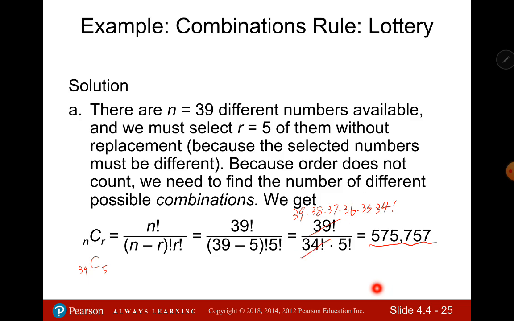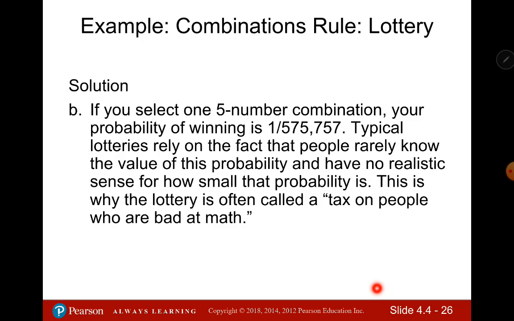Since the denominator also has 34 factorial, we can cancel out. Now you only need to do 39 times 38 times 37, 36, 35 divided by 5 factorial, which is 120. It's still possible to get the answer. Of course, if you prefer to use the calculator's combination function, it's also fine. So for the first question, we get this as our answer.